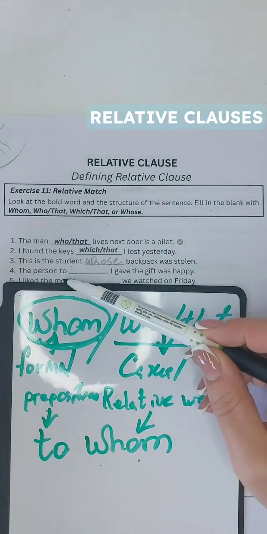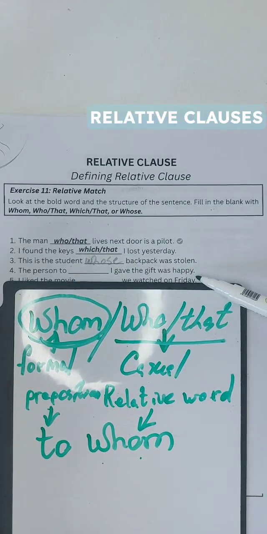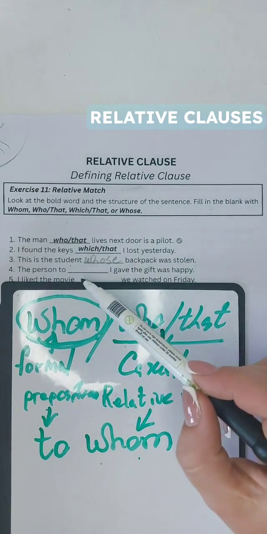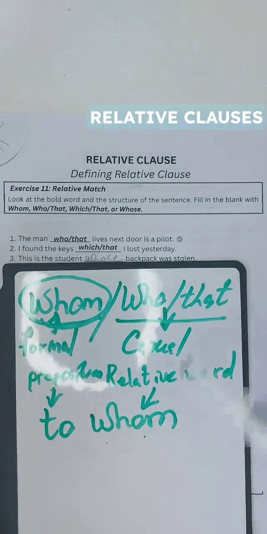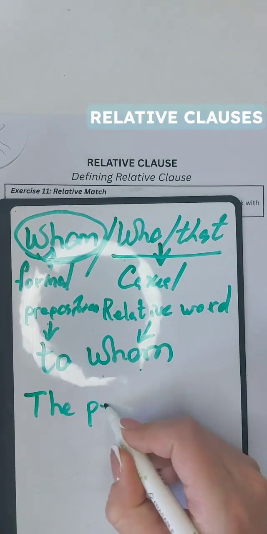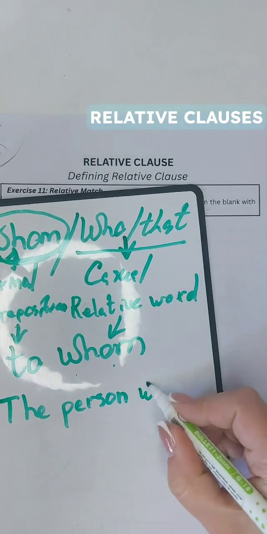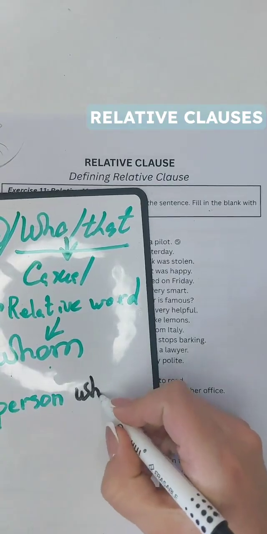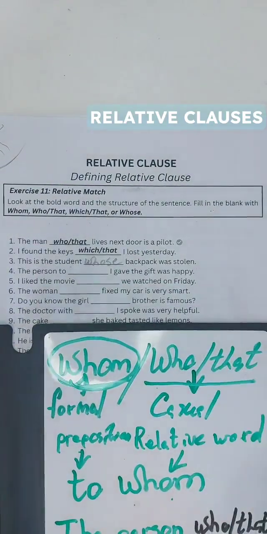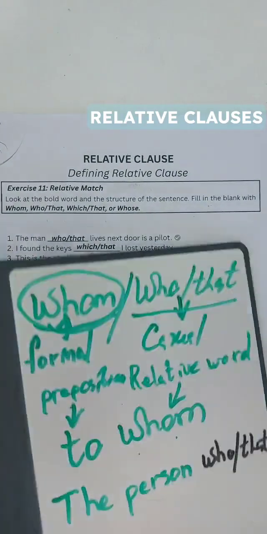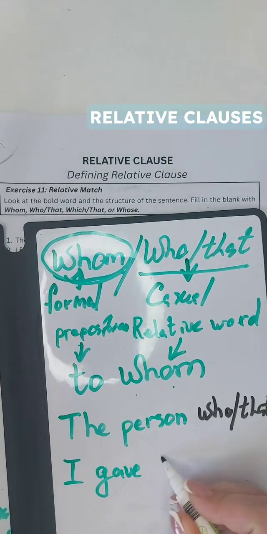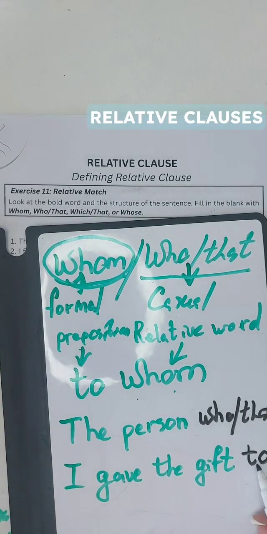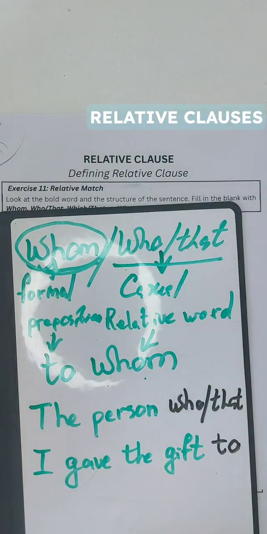So instead of saying the person to whom I gave the gift was happy, you should say the person who or that I gave the gift to was happy. Now you see the preposition at the end.